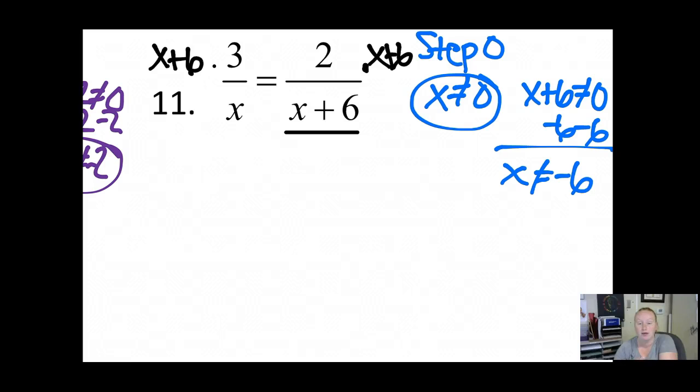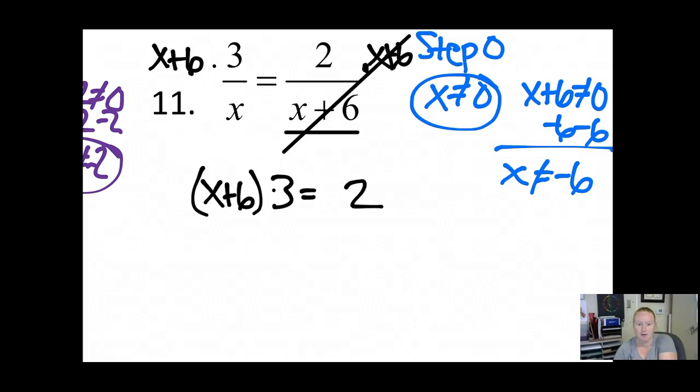The whole point of doing this was to make that go away. Make it go away. X plus 6 multiplies by 3. And then I'm left with 2 on this side. Right now I'm missing something. I'm missing that over x. So make sure that you're getting every piece of your problem.